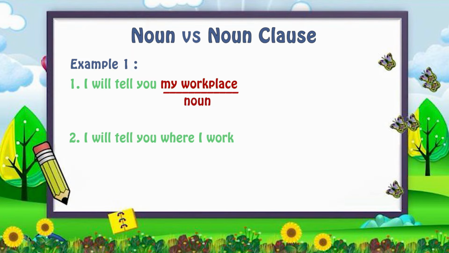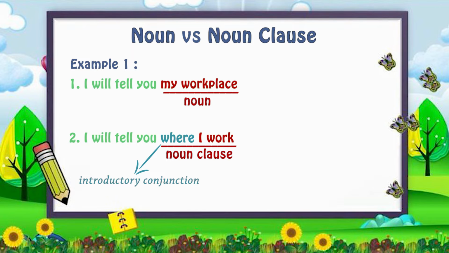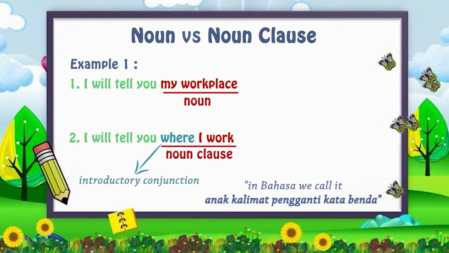I will tell you where I work. So where I work here is the noun clause. The form is a clause, or in Bahasa we call it anak kalimat, pengganti kata benda.